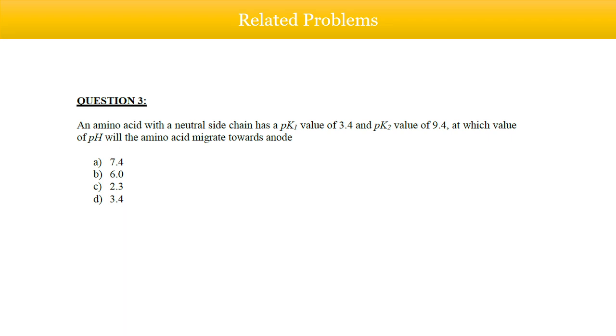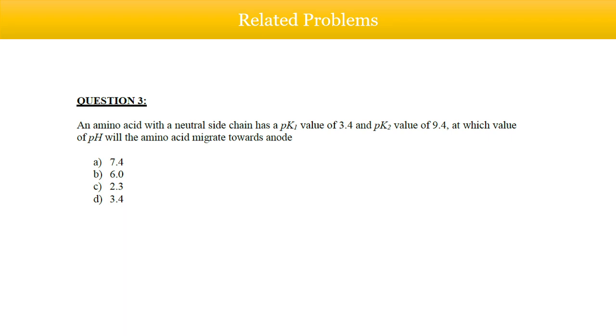So if we see that the amino acid with a neutral side chain has a pK1 of 3.4 and a pK2 of 9.4, at which value of pH will the amino acid migrate towards the anode?